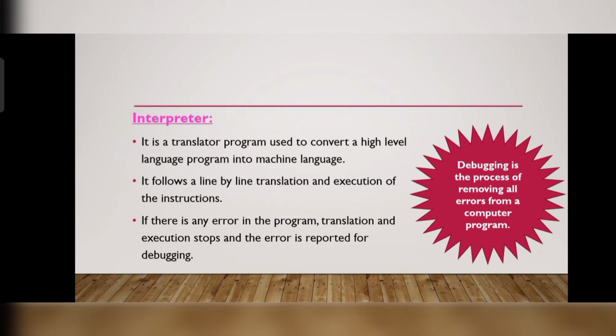So once the computer finds an error in the program, the translation and execution stops there, and the line of instruction which has the error will be reported for debugging, or for removing the errors.